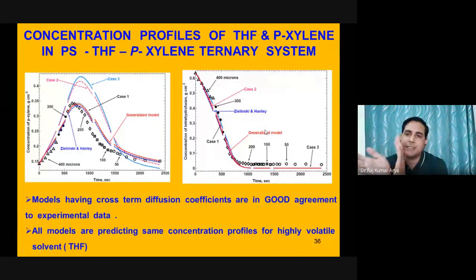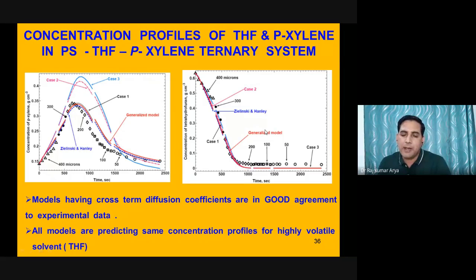But all these changes are there only at the later stage of the drying. This may be due to a change in diffusion characteristic of the rubbery polymer from Fickian to non-Fickian behavior. Elasticity of the solution might have come, viscoelasticity might have come into the picture actually.